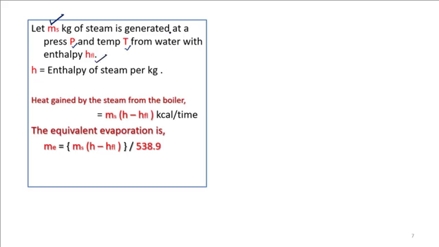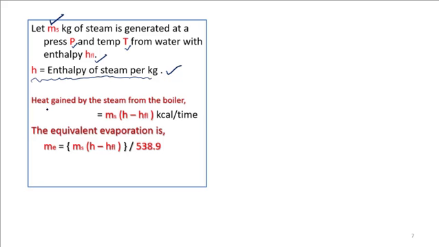That means the feed water has some enthalpy, and that enthalpy has to be deducted from the total heat of the steam. Suppose H is the total heat or enthalpy of steam per kg.